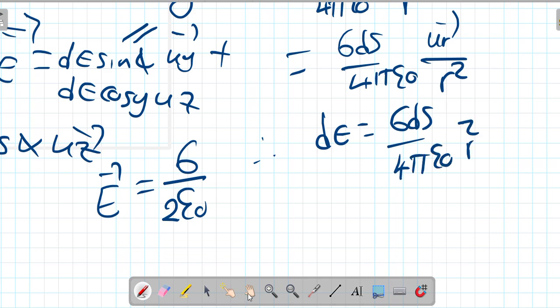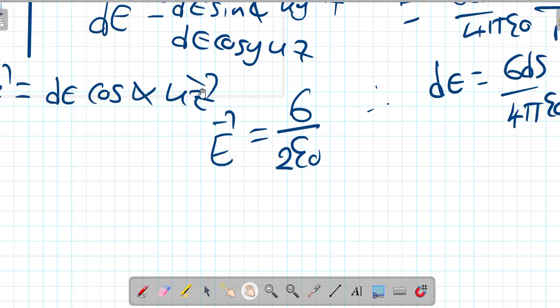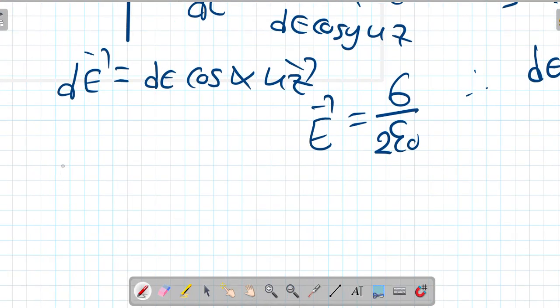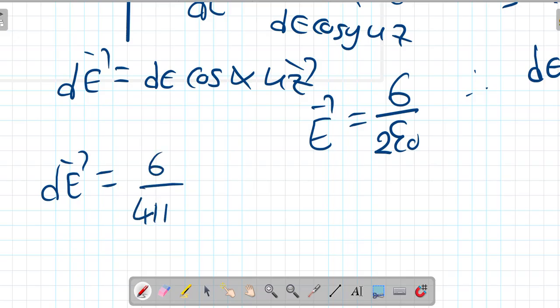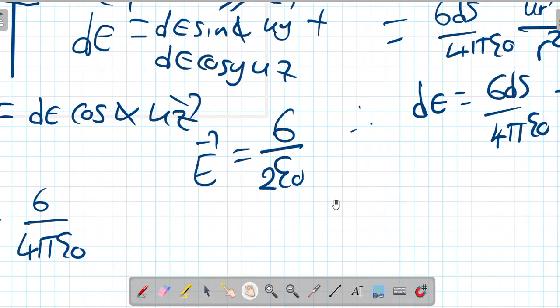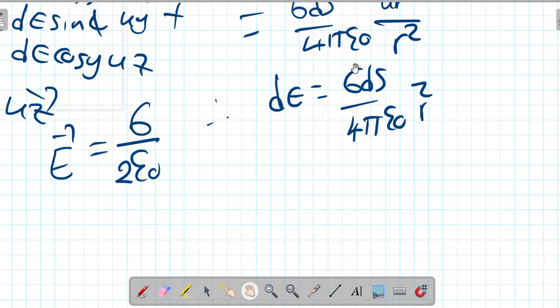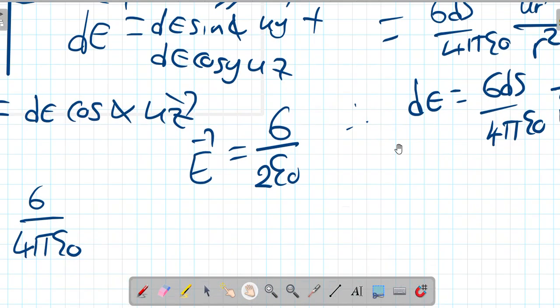Now we can put it in this equation. So dE will be equal to sigma over 4 pi epsilon 0, over r squared.